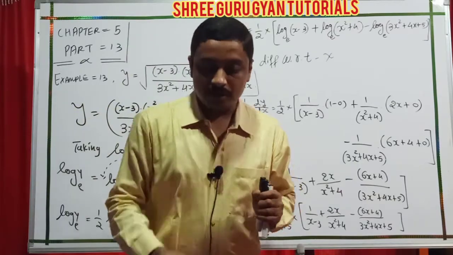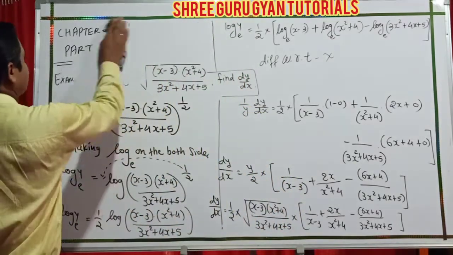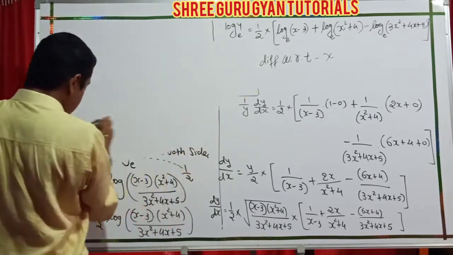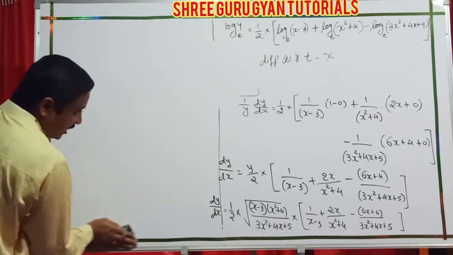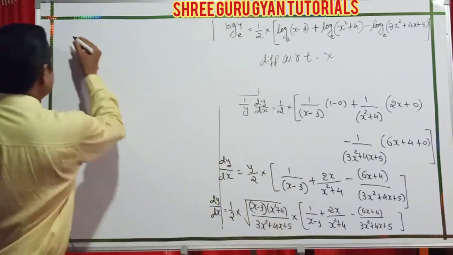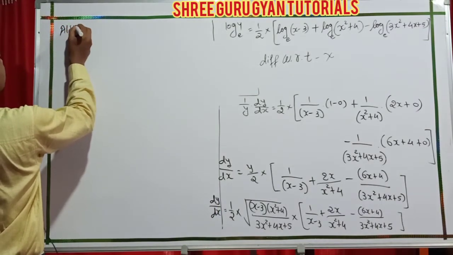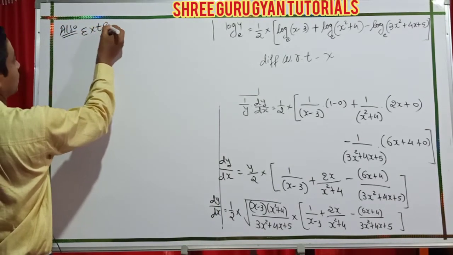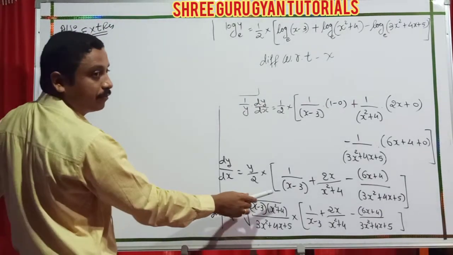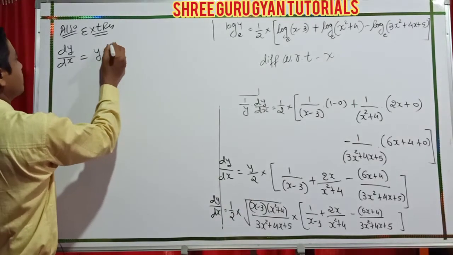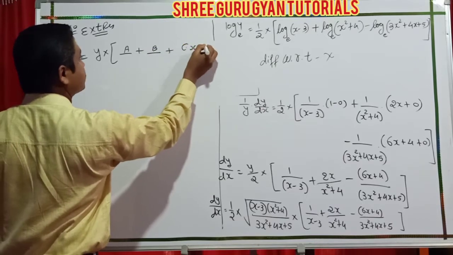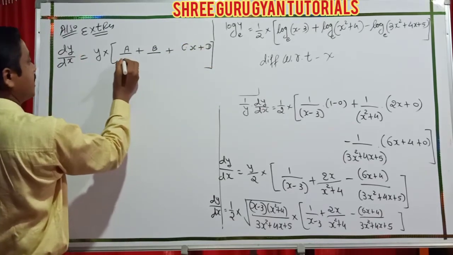But in the exam, this question may also be asked in this form. Sometimes dy by dx is given with missing letters A, B, C, D. So this answer is also already given in the answers. Also, here I am taking extra dy by dx given in this form, like y into a upon b plus c x plus d upon another term.